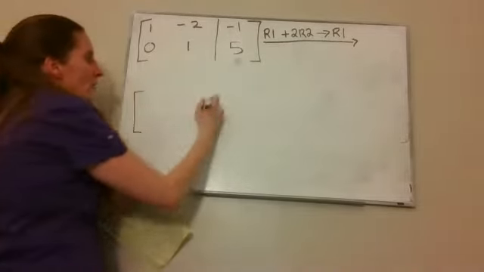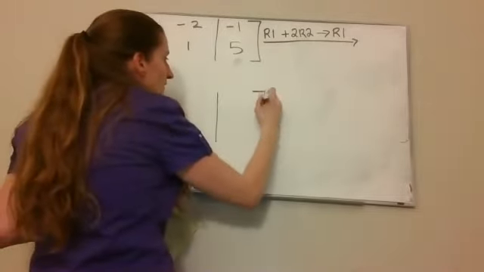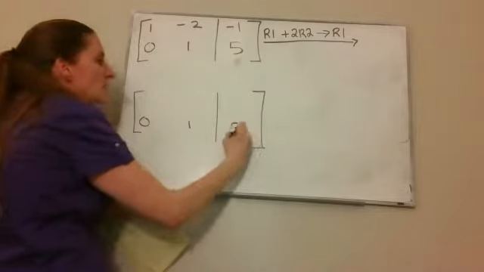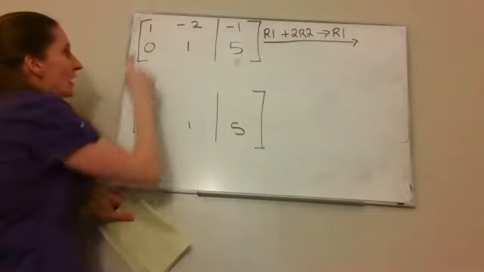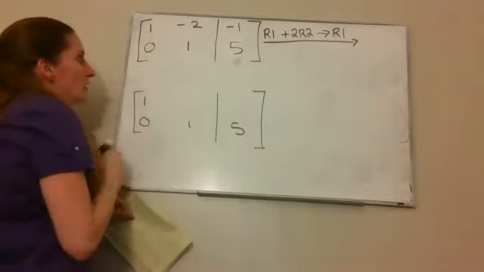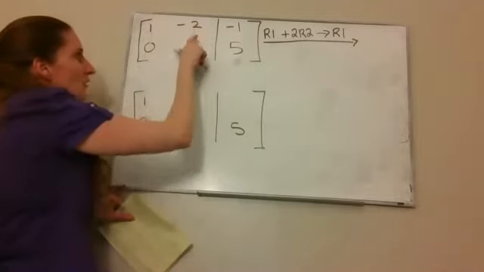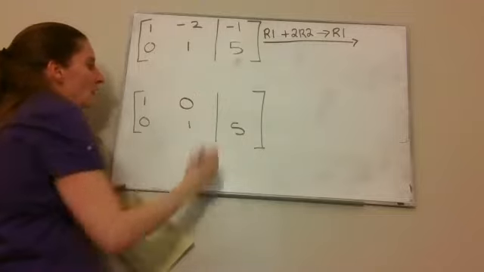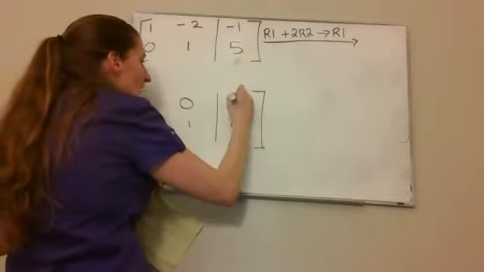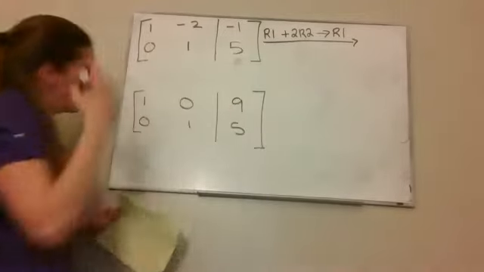So when I rewrite my matrix, my row 2 does not change. My row 1, I get 1 plus 2 times 0, that's 1. Negative 2 plus 2 times 1 is 0. And negative 1 plus 2 times 5 is 9.